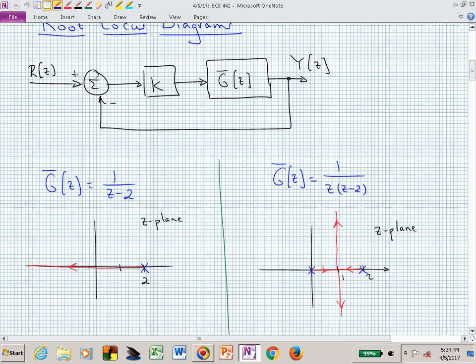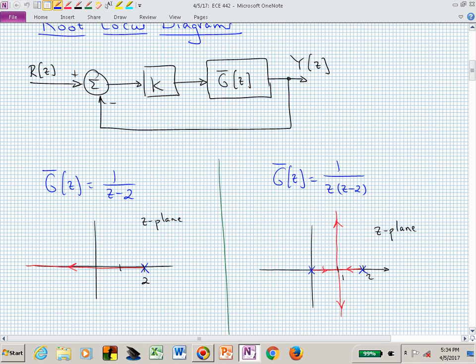And now you can start asking, based on the phase angle condition, the points on the root locus have to have a phase of 180 degrees. You have one pole, so essentially if you view that real axis as an infinitely long loaf of bread, you're just cutting that bread in half at the pole location, and you're asking which of those two real line segments belong to the root locus.